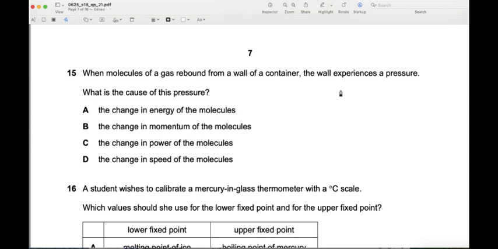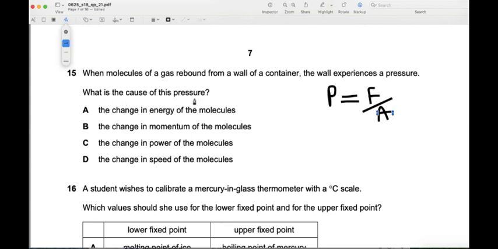That's pressure. So we say this pressure is equal to the force exerted by the molecule over an area, F over A.